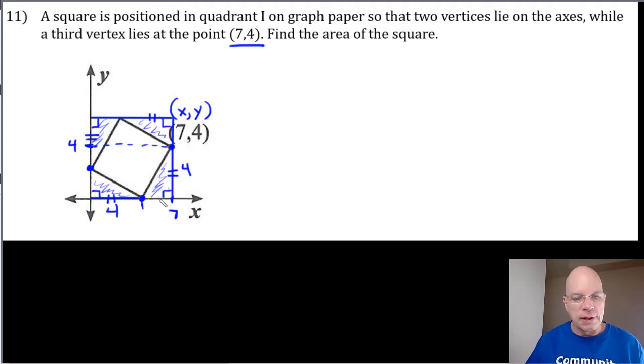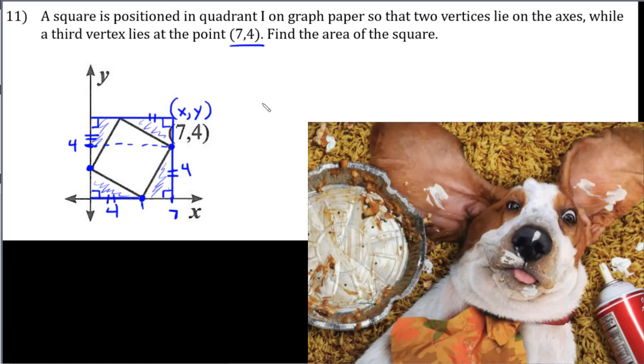And if you start to fill in some of the dimensions that are not yet filled in, you start to get enough dimensions of each right triangle to apply the Pythagorean theorem and start to solve this problem. So that's about as much as I want to say. Hopefully you see a strategy here. There's a couple of different ways to solve this, but try that during the pause and then come back and see how you did. Paused.